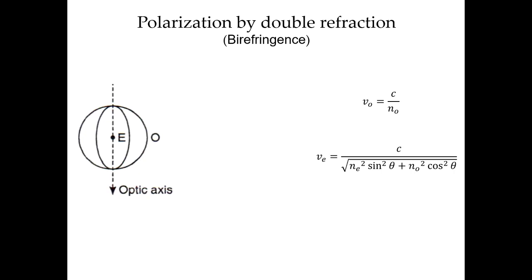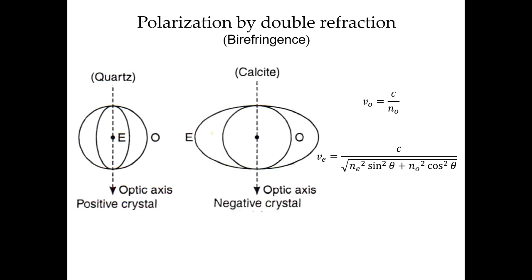In some birefringent crystals, VO is greater than VE, and in others, VO is less than VE. The first ones are known as positive crystals, and an example of a positive crystal is quartz. The other ones are known as negative crystals, like calcite.